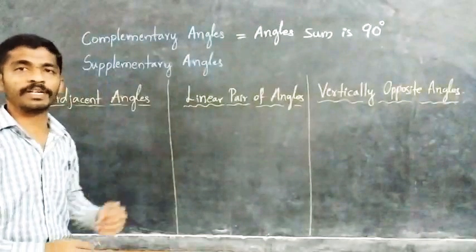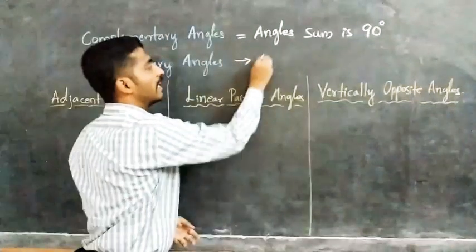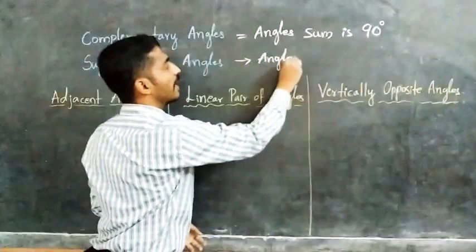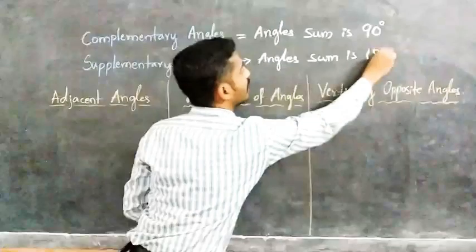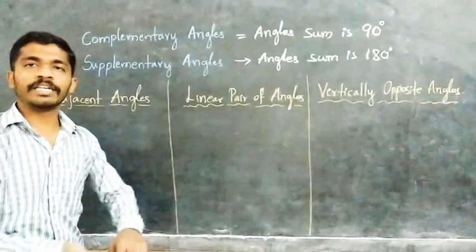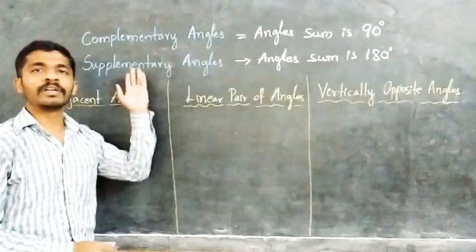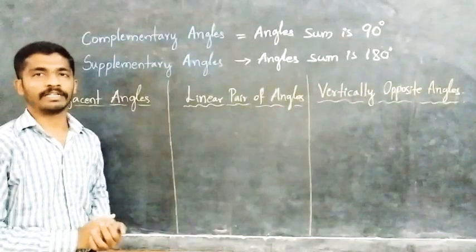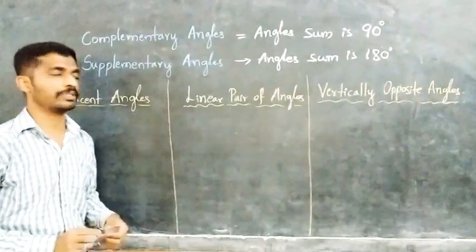What about supplementary angles? Supplementary angles are when the angle sum is 180 degrees. If you take any two angles and their sum is 180 degrees, then we call them supplementary angles. These are very basic concepts. You should know this.